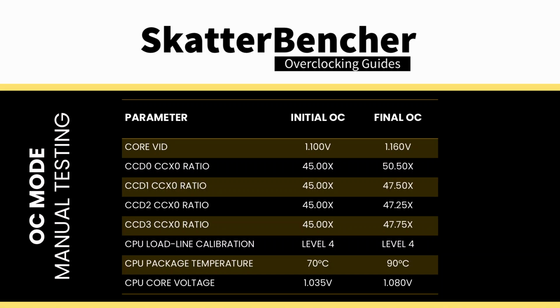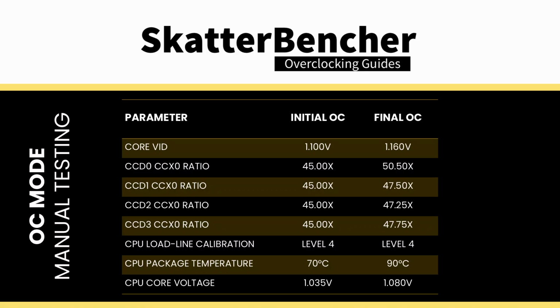You can just increase the ratio of one CCX until you see signs of instability and then back off, and then try the next CCX and the next one and the next one until you found the maximum frequency for each of the CCXs. In this table, you can find the maximum ratio for each CCX.